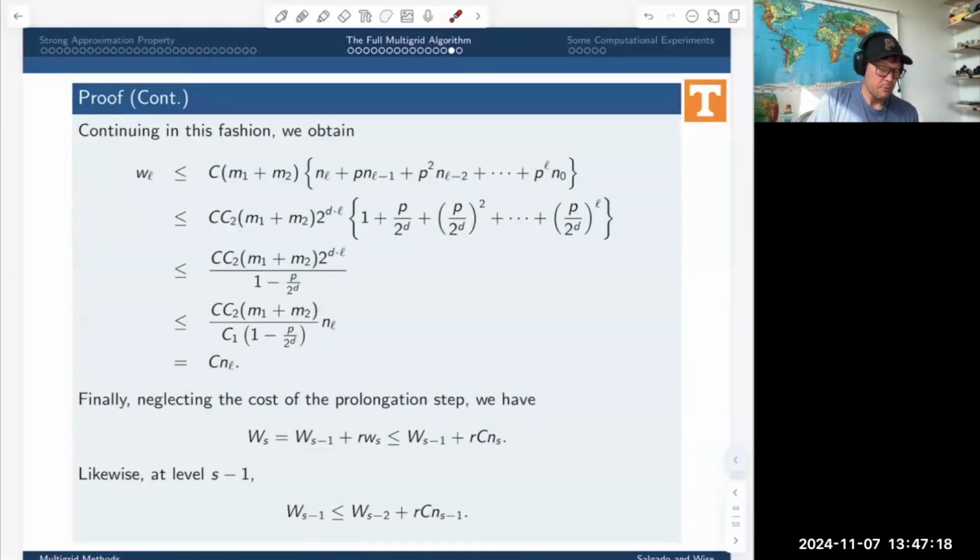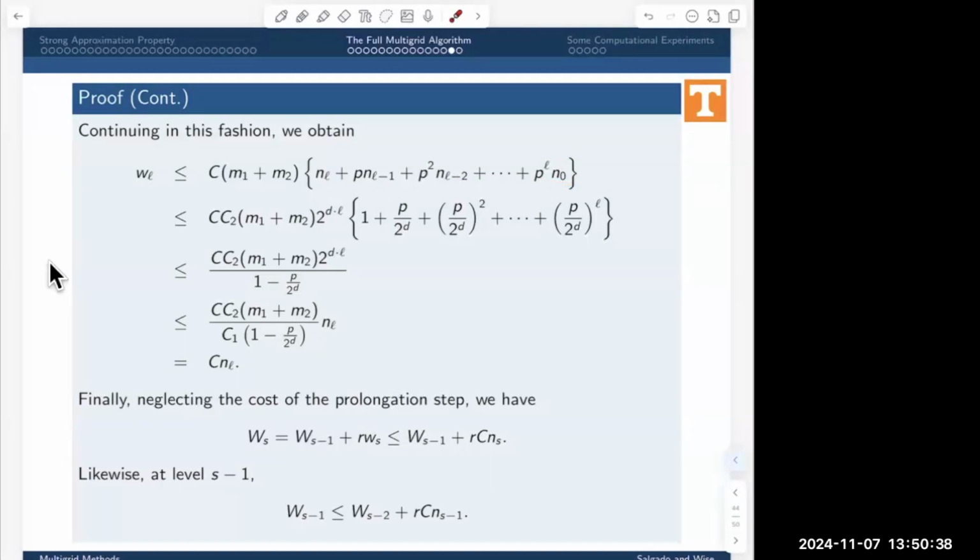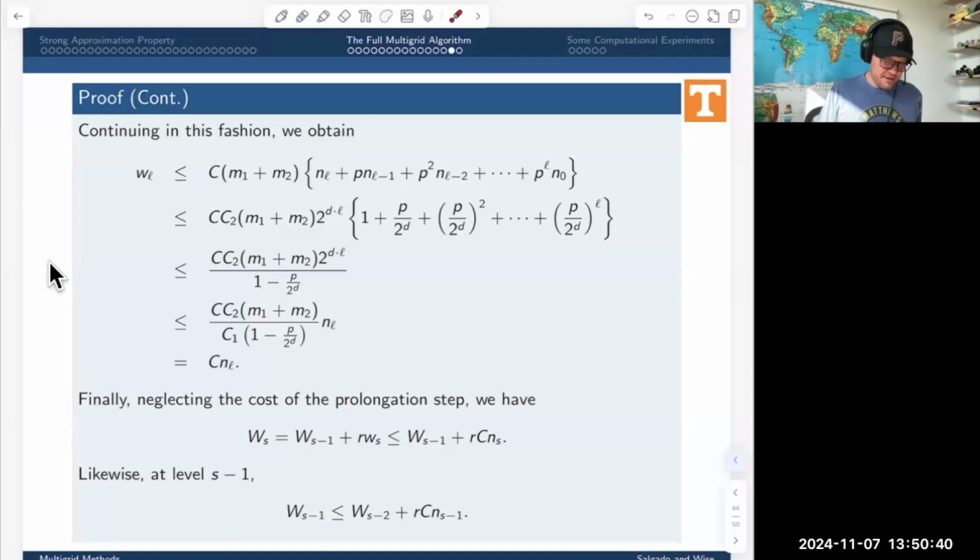What we pick up when we go all the way to the end is some structure like this: N_L, p N_{L-1}, then p squared N_{L-2}, all the way down to p^L N_0. And that's whenever we exhaust this number, going all the way down to its smallest possible value. So this is just carrying on those estimates all the way down to the lowest level.